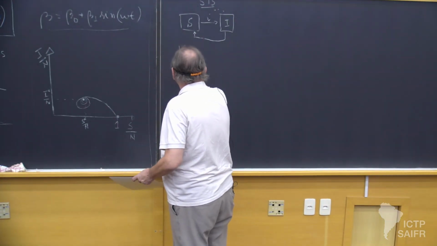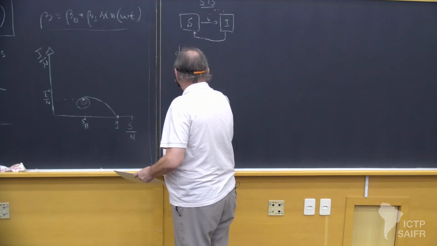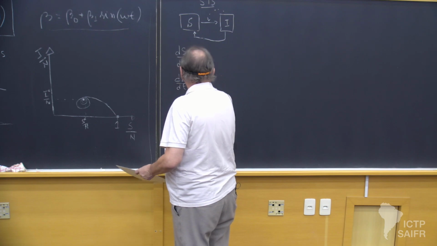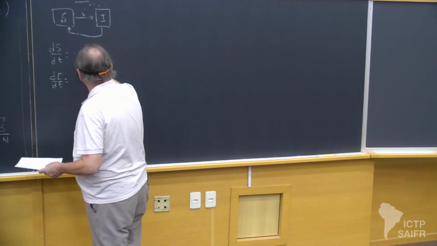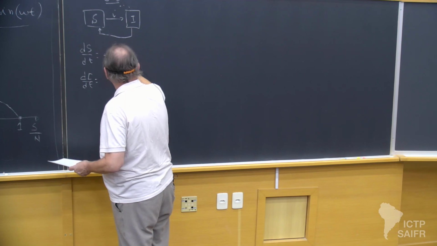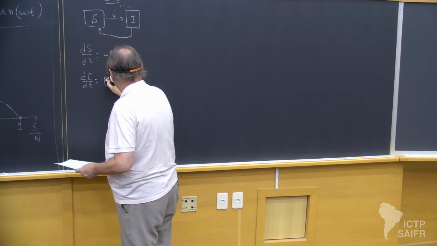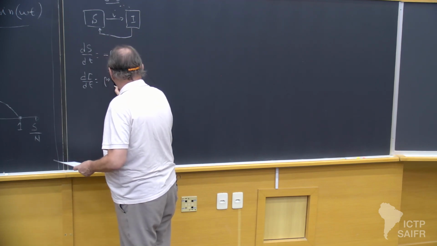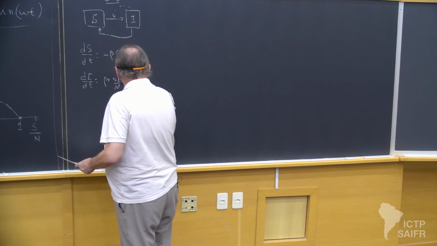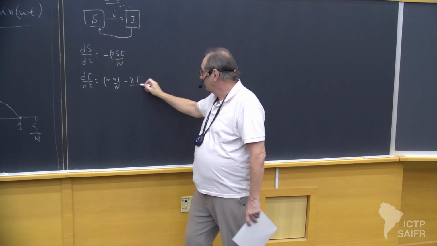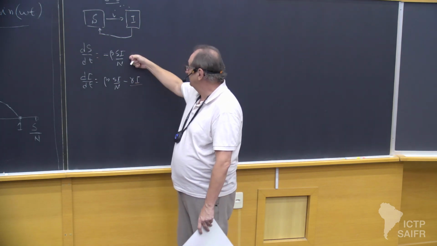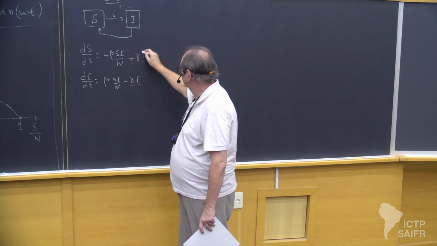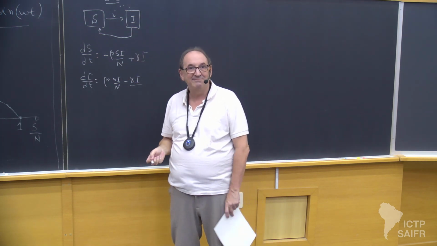We can even write it, because it is really simple. You have the usual term here, but instead of this going to R, it goes back to S. And that's the model.